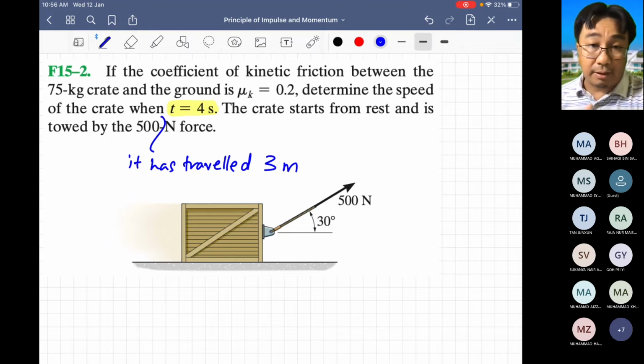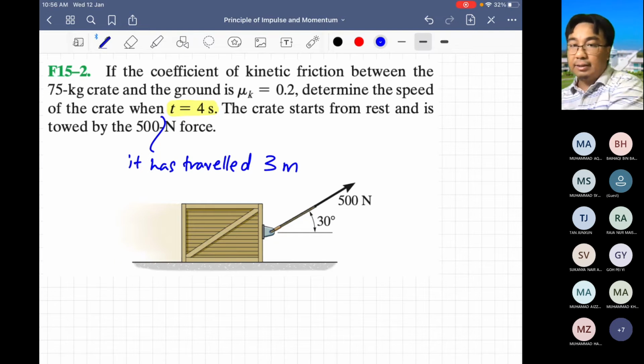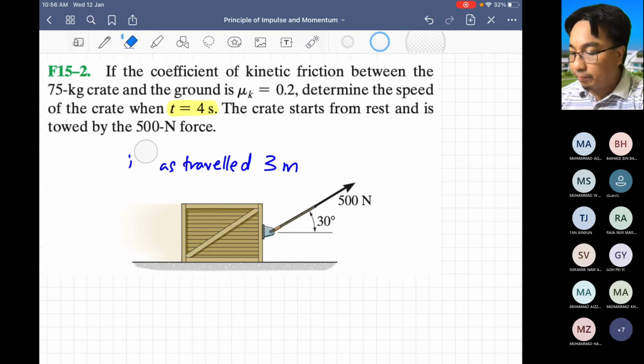Tapi dalam case impulse and momentum, dia akan tanya determine the crate when time sama dengan 4 second. Maksudnya daripada time kosong, dia bergerak pada masa time sama dengan 4 second, what is the speed of the box, of the crate. So this is the difference between chapter 3 yang kita belajar sebelum ni, work and energy, and this chapter which is force and acceleration.